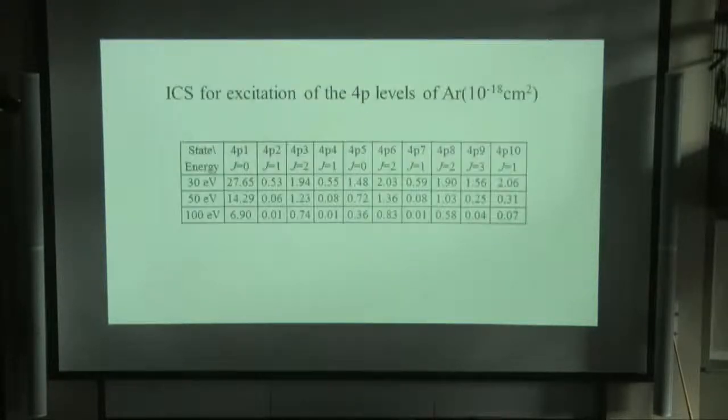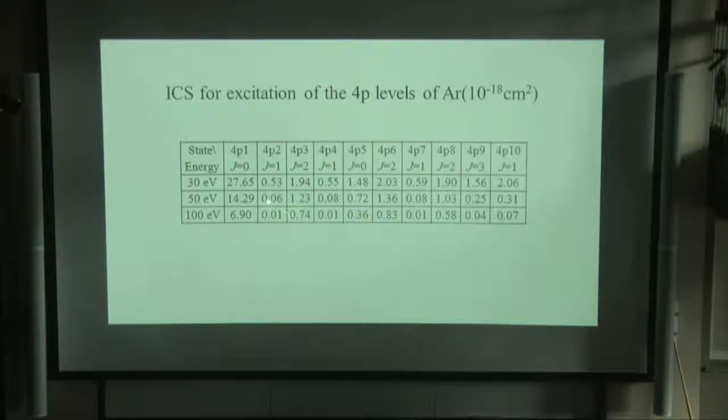So here is, again, a lot of numbers. I don't particularly want to go through them in general, but here's the energies again, 30 to 100. Here's the various levels, 10 of them, and we have J equals 0, 1, 2, so on. So here again, at 30 eV, they're not that much different between the various cross-section values.